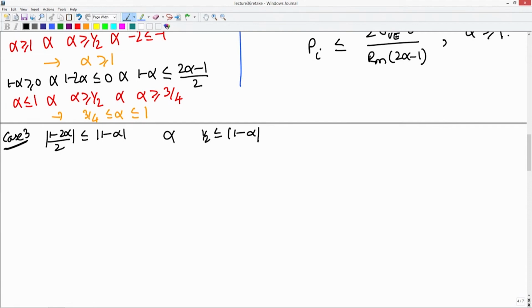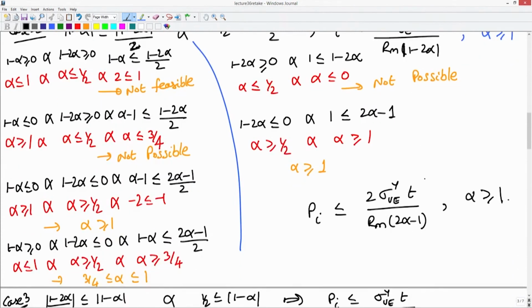Okay. In which case this will imply that the maximum value is 1 minus alpha. So, it should be lesser than or equal to sigma y u e t by r m into the absolute value of 1 minus alpha. Okay.